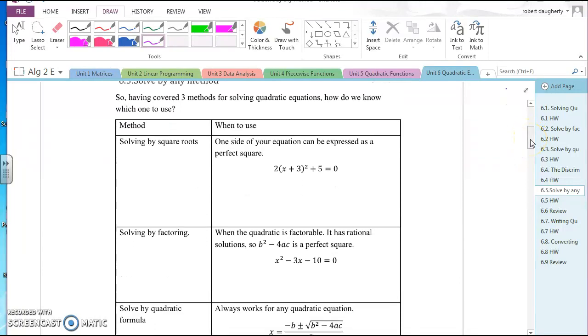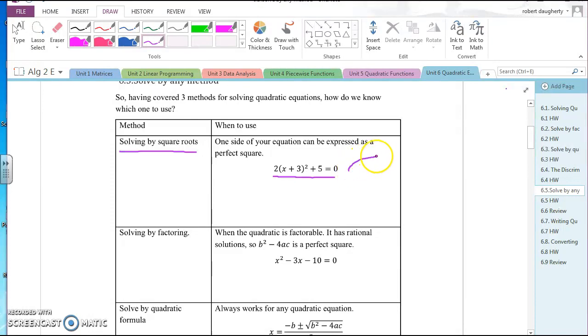So the first thing we did was solving by square roots. The big key for you there: if you saw something squared that you could isolate, then you could solve by taking square roots. So if I look at this, I obviously see something squared, x plus 3 squared.